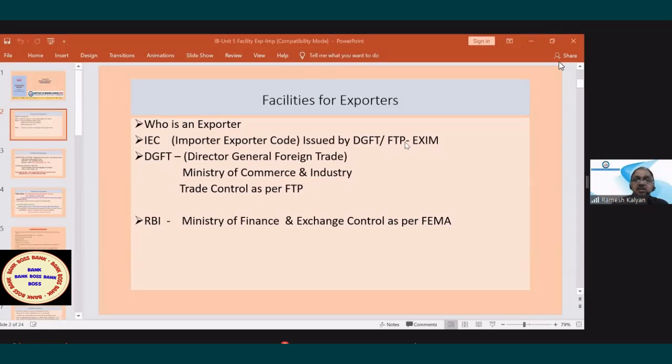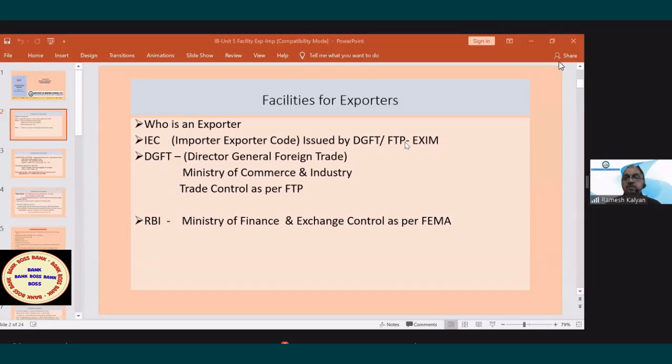Actually that is not in the syllabus, fortunately, but even then I will just add a small line on it. Foreign trade policy comes every five years. The last one was completed by 2015-20. Every 5 years a new policy will be coming. And as you know, because of the gravity of the situation due to COVID, we were not able to frame the policy, because policies are framed to enable exporters to achieve their export and import goals.